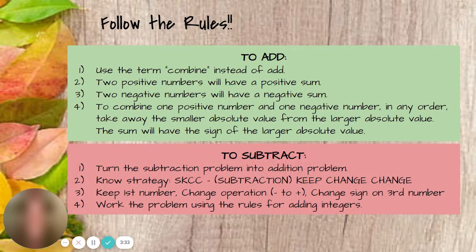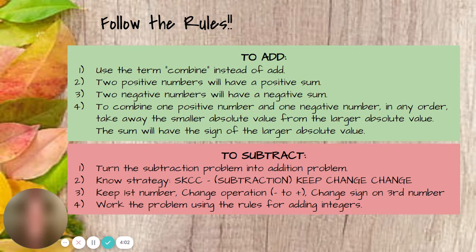If you subtract integers, all you're doing is taking that subtraction problem, changing it to an addition problem, and then following the addition rules. So if you see a subtraction sign with integers around it, you're going to say keep, change, change. What I tell my kids is subtraction is keep, change, change.